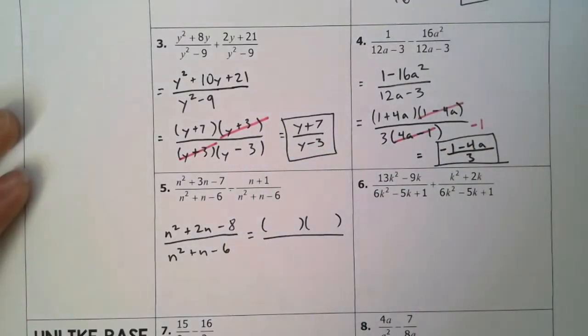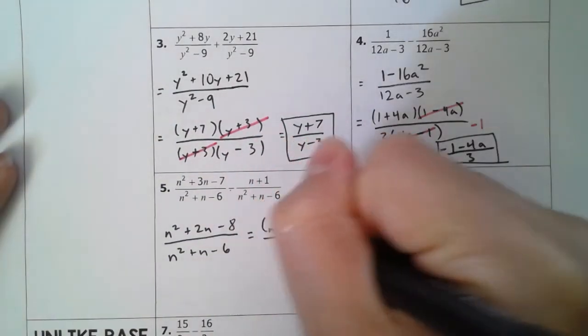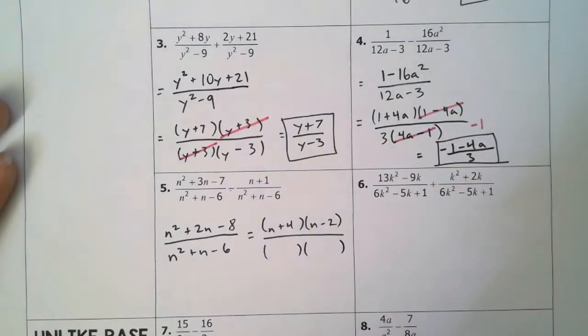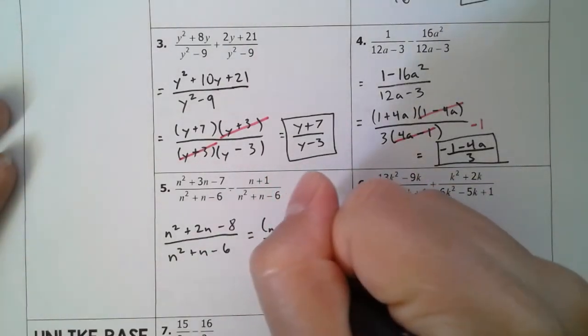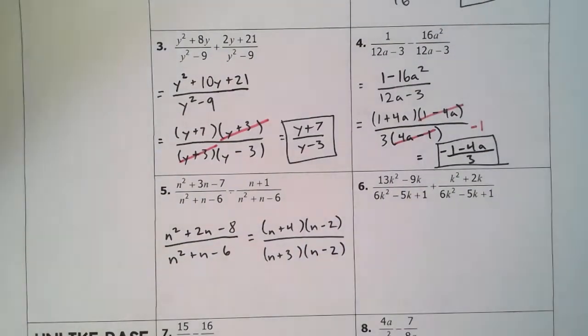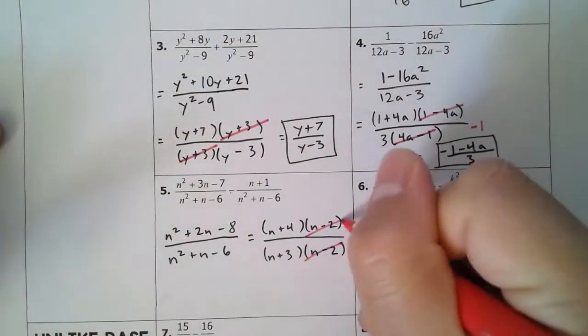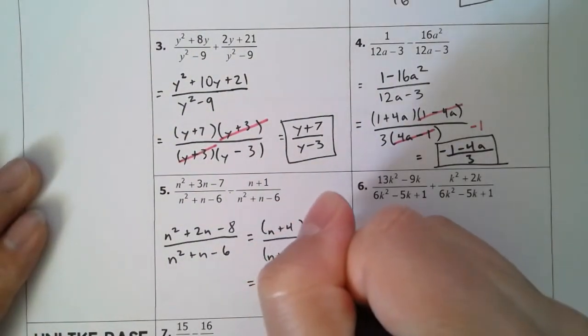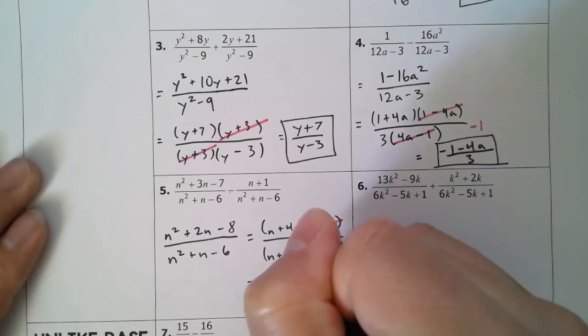I get n plus 4, n minus 2, and then the bottom is n plus 3, n minus 2. These guys cancel, and I get n plus 4 over n plus 3.